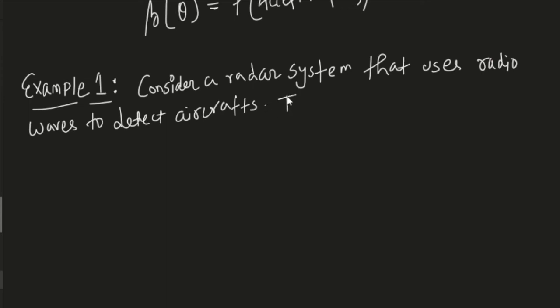So consider a radar system that uses radio waves to detect aircraft. The system receives a signal, and so understand the problem carefully first. Read it once again when I finish it, and then after a while we can start discussing the solutions one by one, because there are multiple parts to this problem as well.